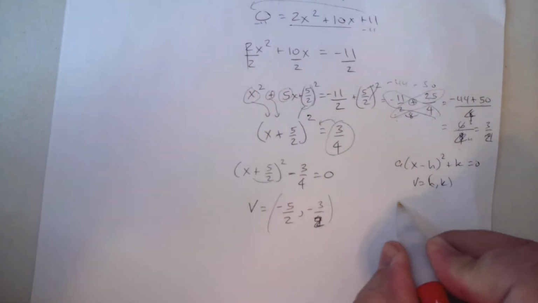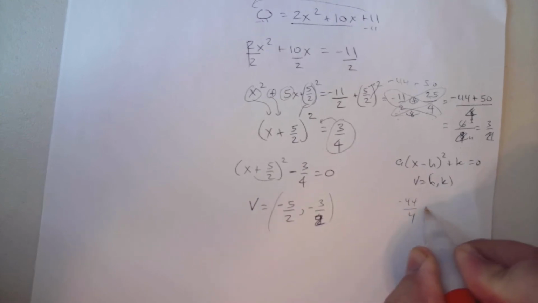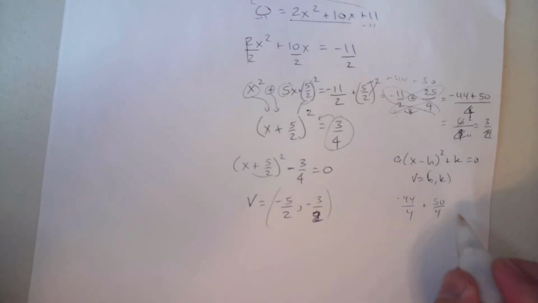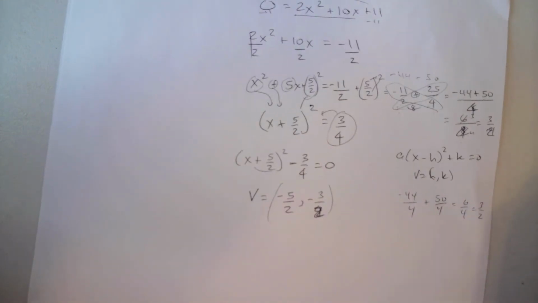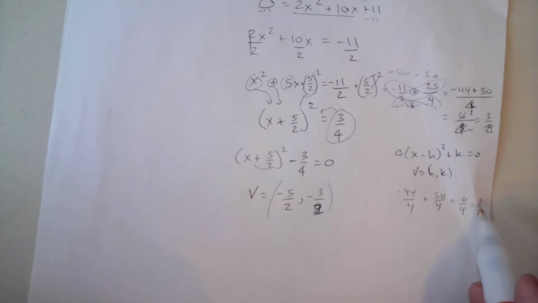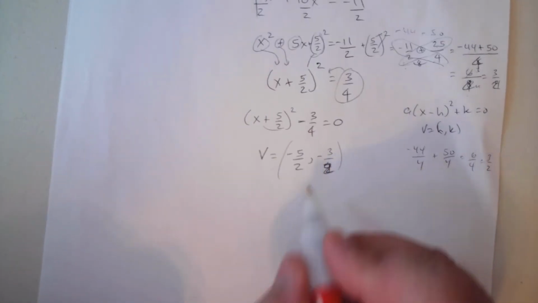But if we did it the other way, we had negative 44 over 4 plus 50 over 4. It should be 3 over 2. I don't know what's wrong with the butterfly. But anyway, that's the vertex.